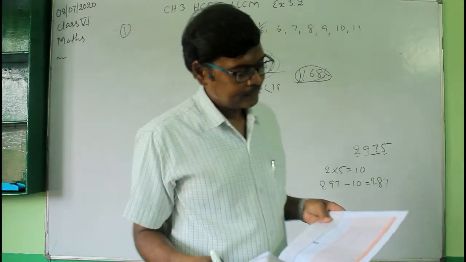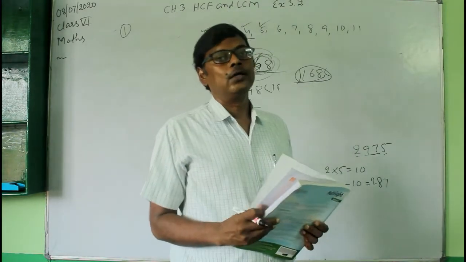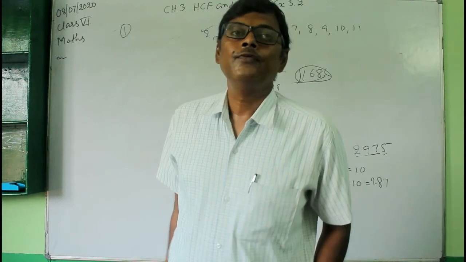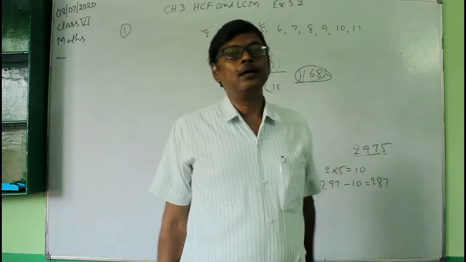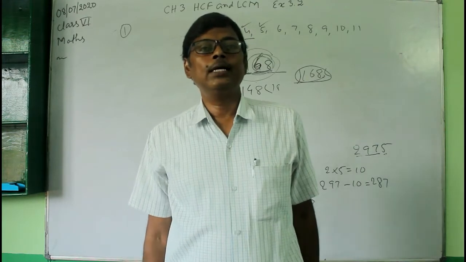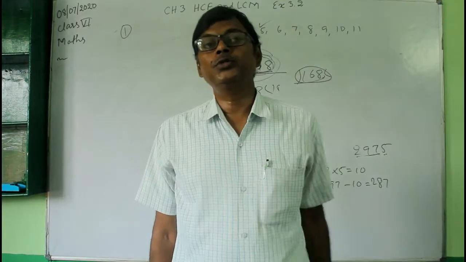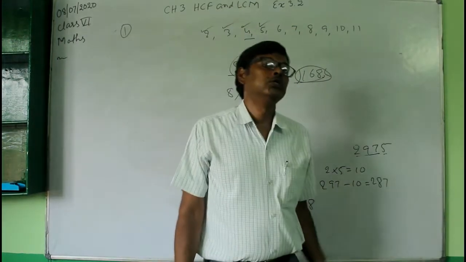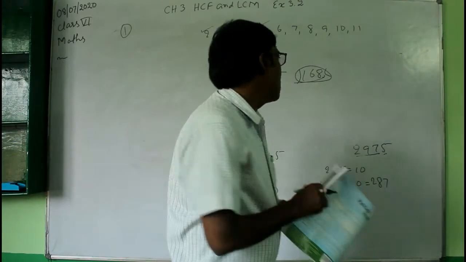Yes. And now 10. How do you test whether a given number is divisible by 10 or not? A number is divisible by 10 when the digit at the units place is 0. Then it will always be divisible by 10.